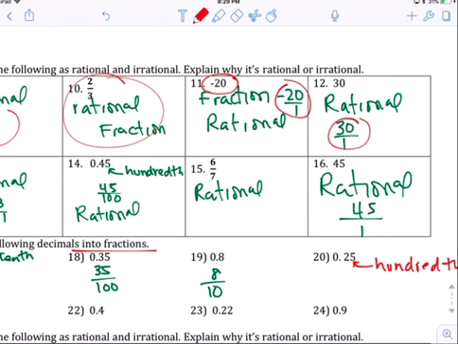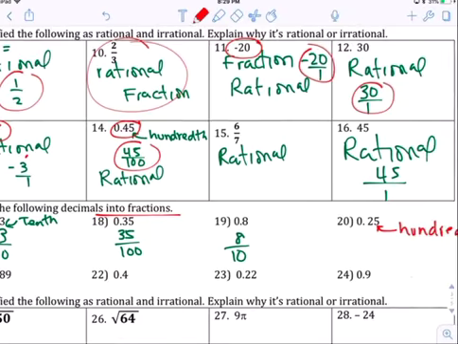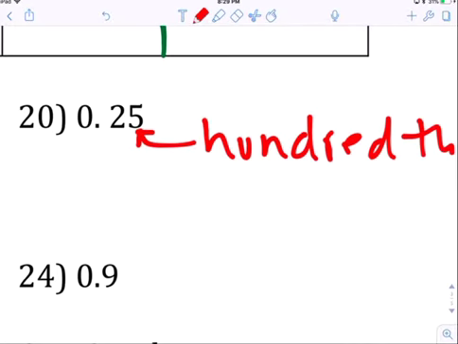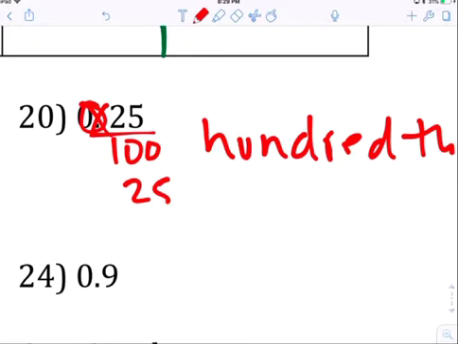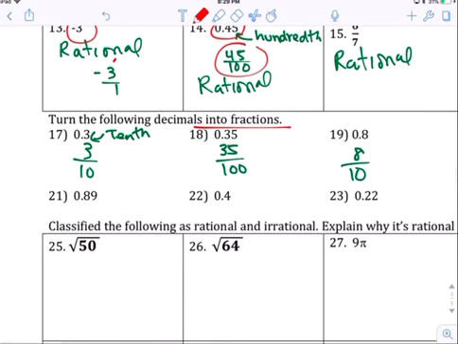This can be 30 over 1. All rational because all these numbers can be made into fractions. How do you make it into a fraction? This is in the 100th place, so it's 25 over 100. Do not just put it like this. You have to get rid of this decimal. It's 25 whole over 100 whole, which is a fraction in itself.